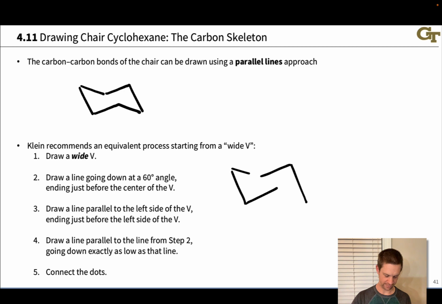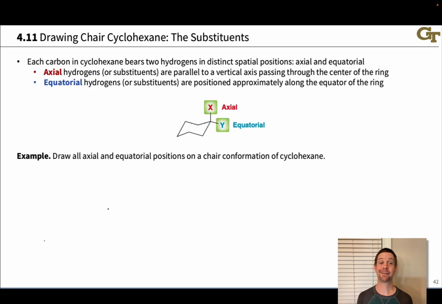So really the only difference, as far as I can tell, is whether you start with the parallel lines or you do the V first and then draw sort of a parallel V and then finally connect the dots. And connecting the dots is always the last step, because you'll always end up with sort of 2 propanes oriented the right way, and you're just going to connect the ends of those propanes together to create the 6-membered ring. Now let's start thinking about the substituents.